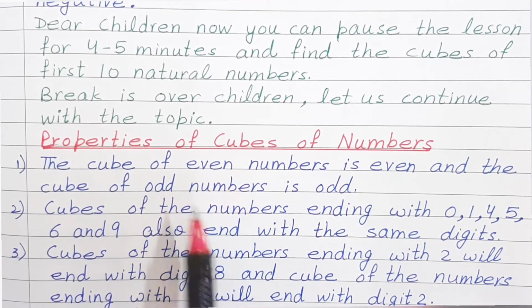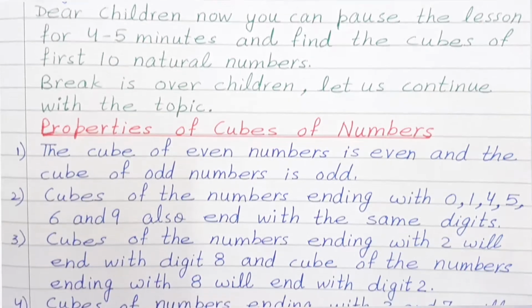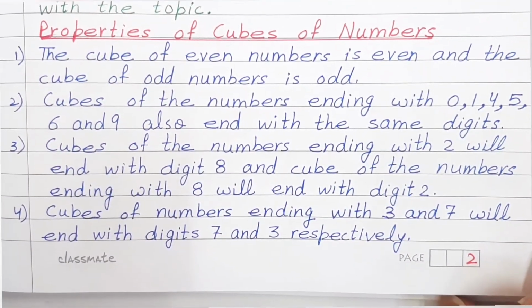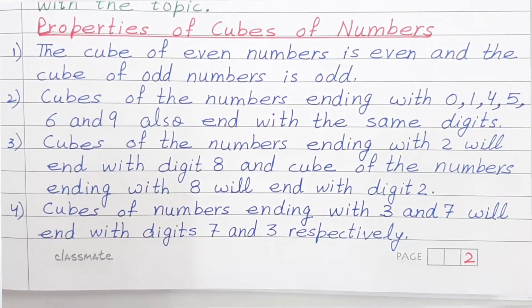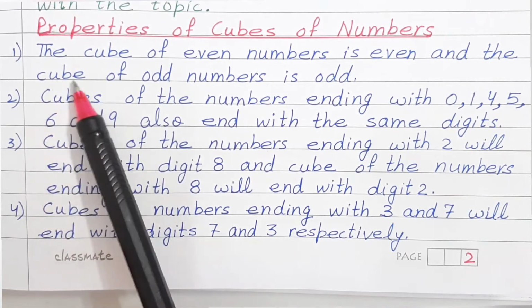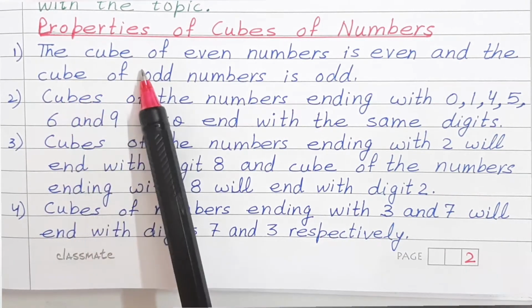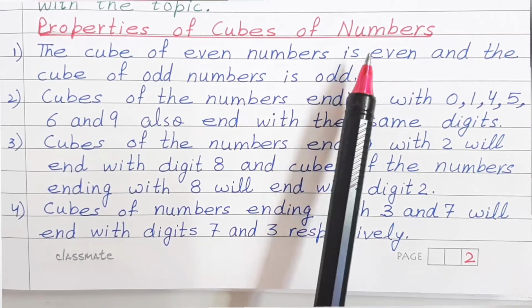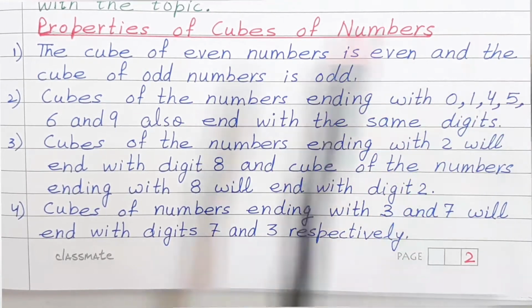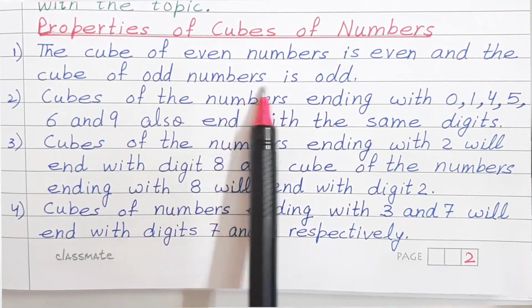Let us discuss about the properties of cubes and cubes of numbers. The first one is the cube of even numbers is even and the cube of odd numbers is odd.